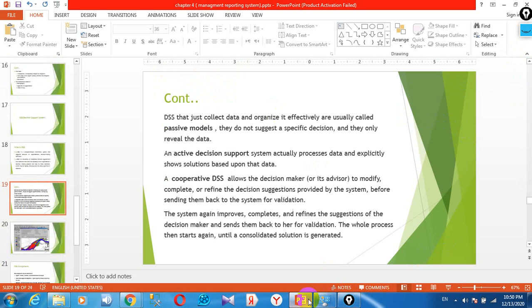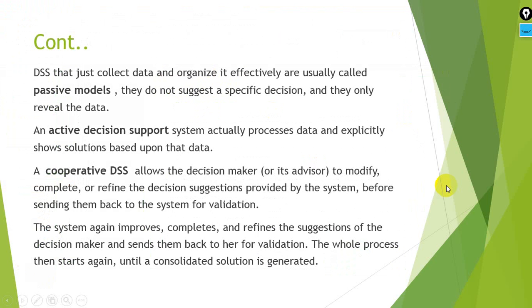Okay, so we have different models of DSS systems, different forms of DSS. Here we have the passive model, the active model, and the cooperative model of DSS. First we have the passive model of DSS system. What does it mean?